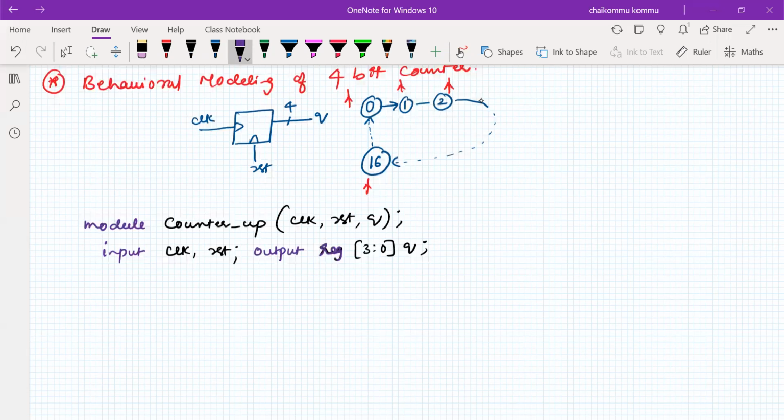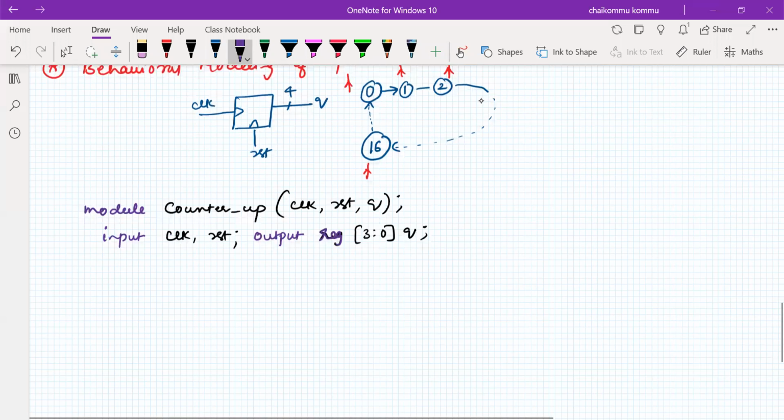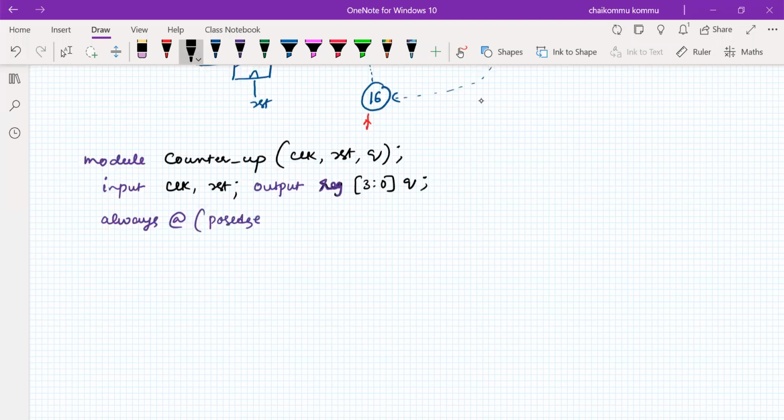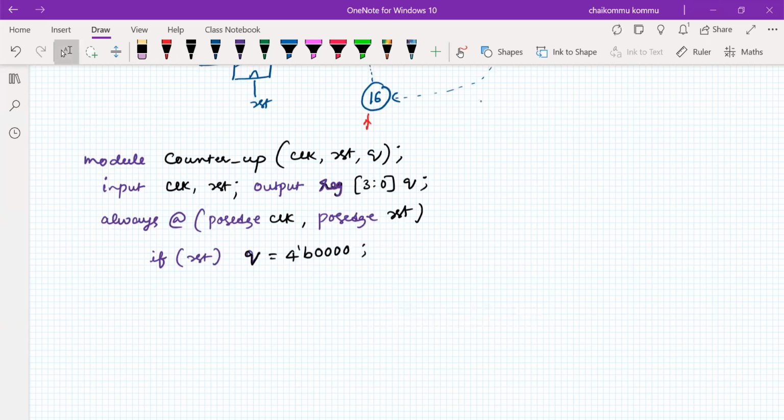Next, I am going to write an always statement. Whenever you find a positive edge of the clock signal, or a positive edge of the reset, then the following things have to happen. Here I'm writing: if RST is equal to true, then the Q value is equal to 4 bits of all zeros. The responsibility of the first statement is to make the content of the flip-flops known.